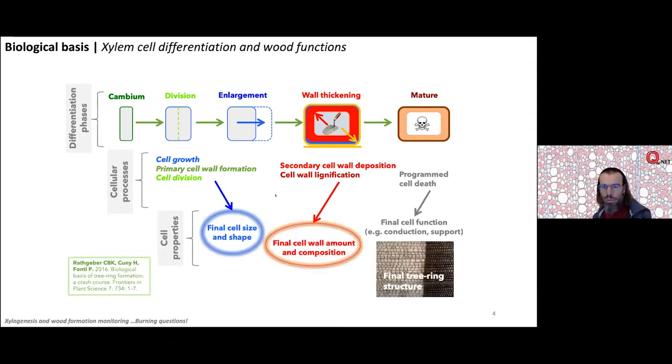And what I found also very interesting is that these processes are related to final cell properties, cell dimension, in a very strict way. For example, the final cell size and shape is only related to cell enlargement. And the final amount of cell wall and most of its composition is only related to cell wall deposition.